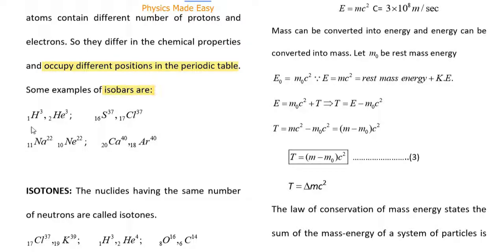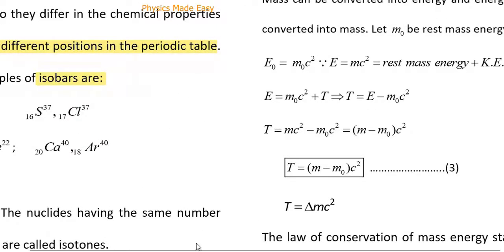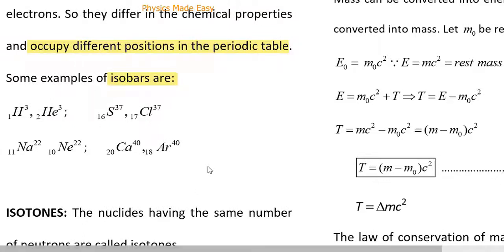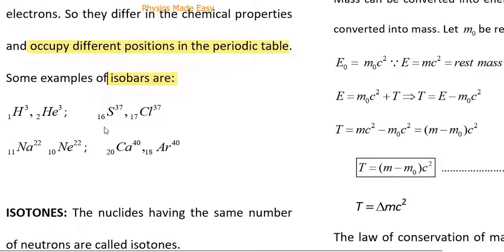For example, 1H3 and 2He3, see there, the A number is the same, 3 and 3, and then 16S37 and 17 chlorine 37. Now 37 is the same, A is the same, and we have got different Z. In all these cases, A is the same and we have got different Z. For example, here it is 37, here it is again 37, 3 and 3, and then 11 sodium 22, and then 10 neon 22.